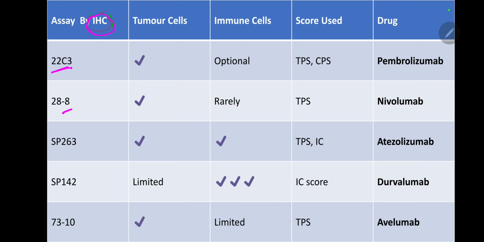These assays use different types of scores, like TPS, CPS, IC score and so on.